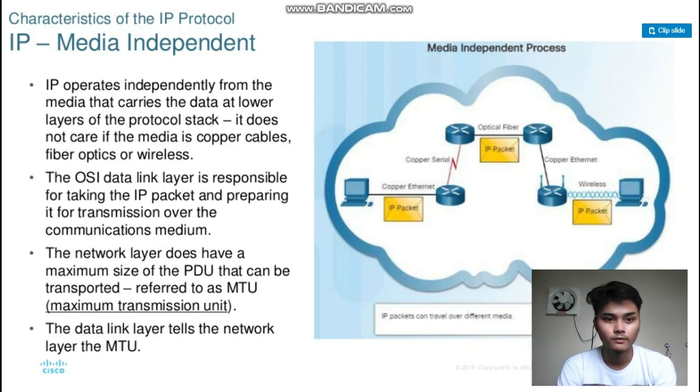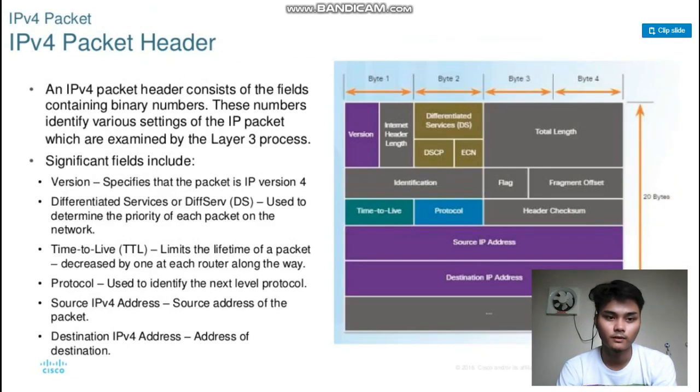Since it is media independent, it doesn't care about the media. The IPv4 packet header consists of fields containing binary numbers. These numbers identify various settings of the IP packet, which are examined by the layer 3 process.